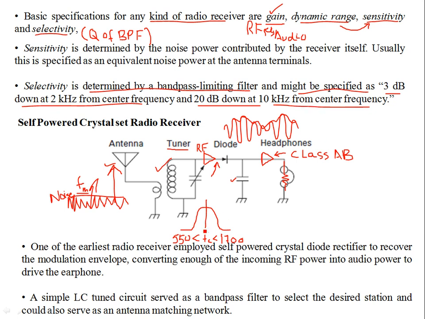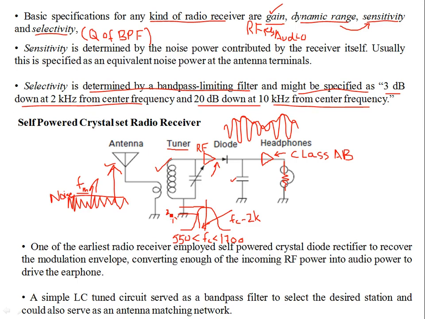So for example, if you have this band pass response, and let's say this FC is between 550 and 1700 kHz for an AM broadcast receiver, and you are somewhere over here, down by 2 kHz. So this frequency over here is FC minus 2 kHz, and this level, from here to here, the difference could be, let's say, 2 dB.